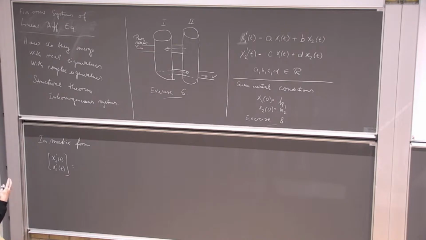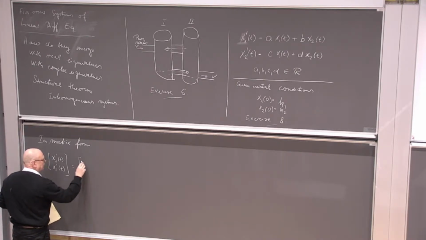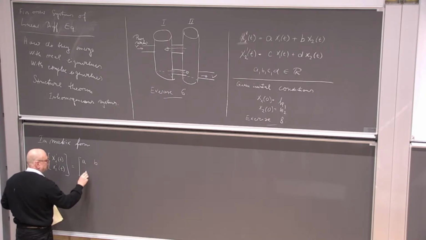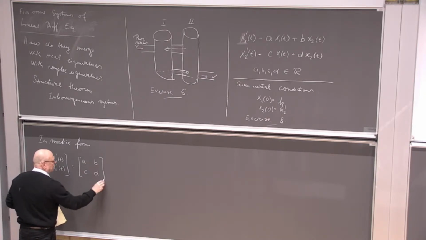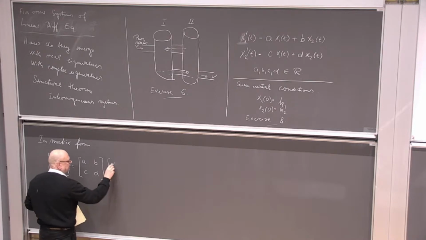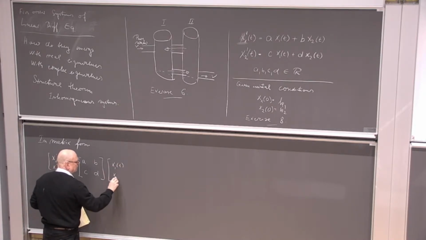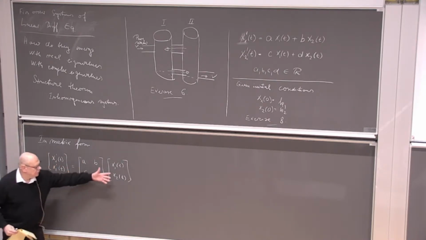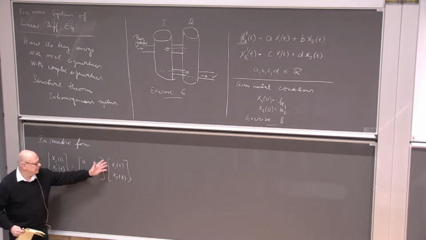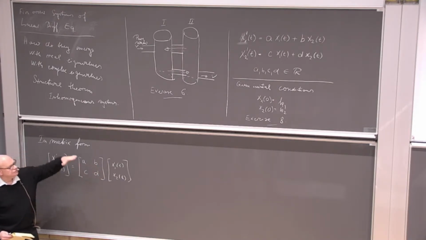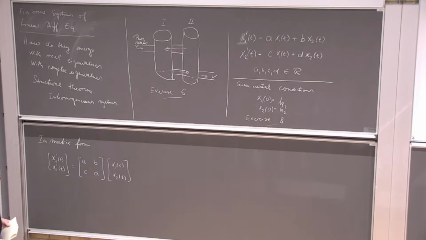And then I write the right-hand side of the system of equations as the matrix vector product: A, B, C, D, and then times x1 of t, x2 of t. You see, if you multiply this column vector onto this matrix, you get ax1 plus bx2. That is the first equation, and so forth.